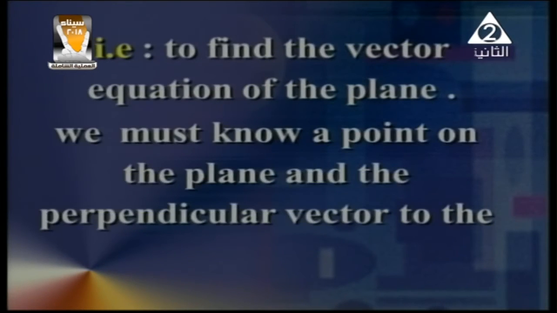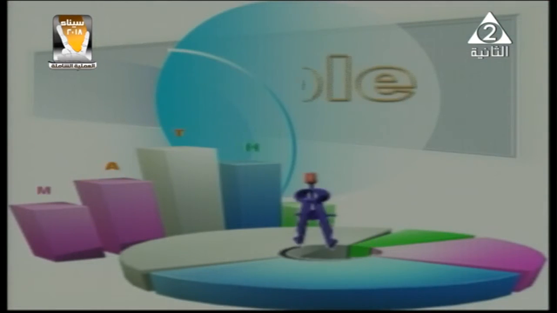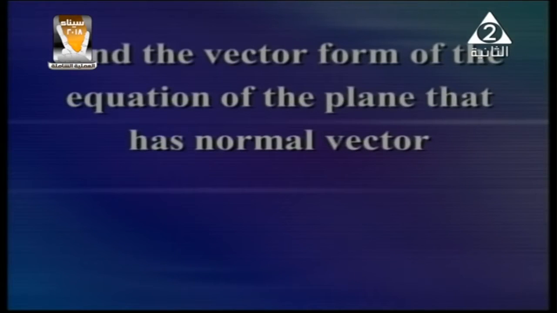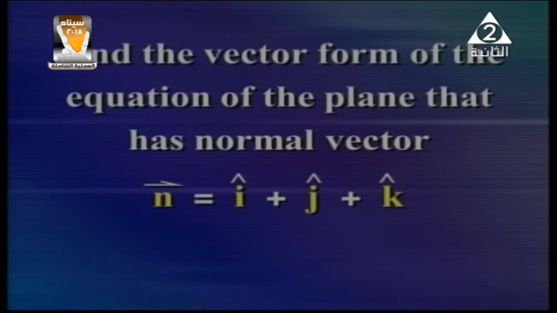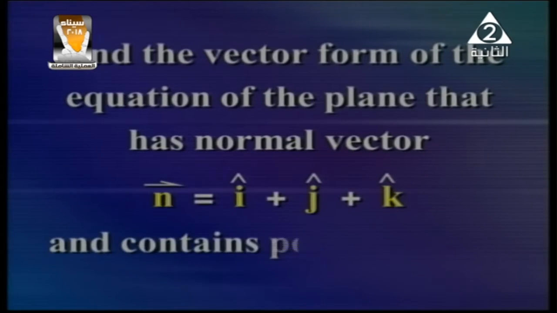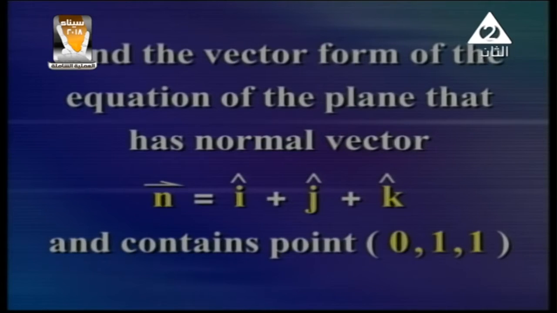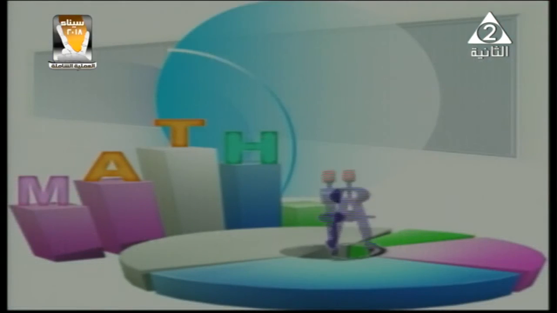To find the vector equation of the plane, we must know a point on the plane and a perpendicular vector to the plane. Example. Find the vector form of the equation of the plane that has normal vector n equals i plus j plus k and contains the point 0, 1, 1.